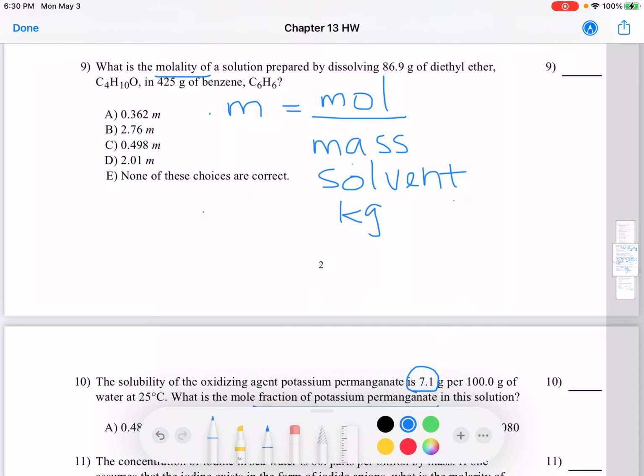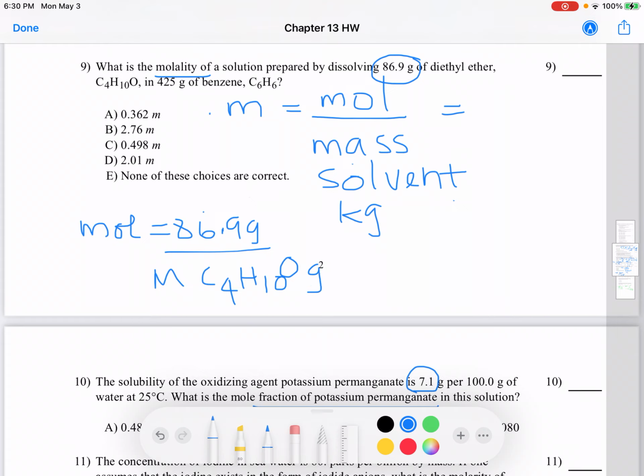What we have here is our solute, diethyl ether. It has to be in moles. First you need to calculate the number of moles of diethyl ether, that is going to be 86.9 grams. You take the molar mass of diethyl ether, C4H10O, in grams per mole, and find out the number of moles.